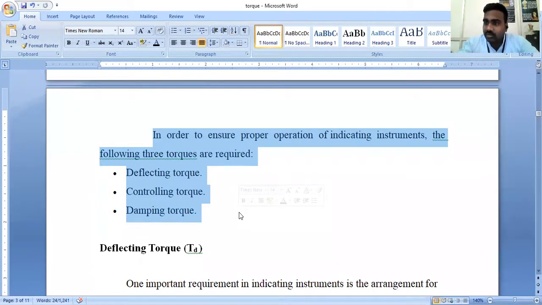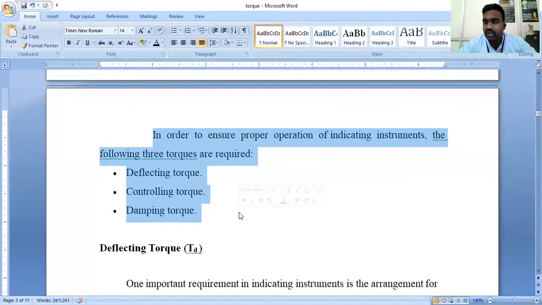The electrical quantity may be voltage, current, or power. This instrument reads the instantaneous value at a particular instant of time on a segmented, accurate scale. That instantaneous value may be voltage, current, or power.